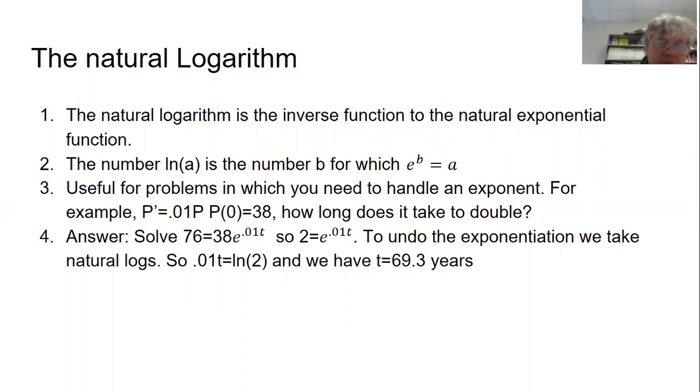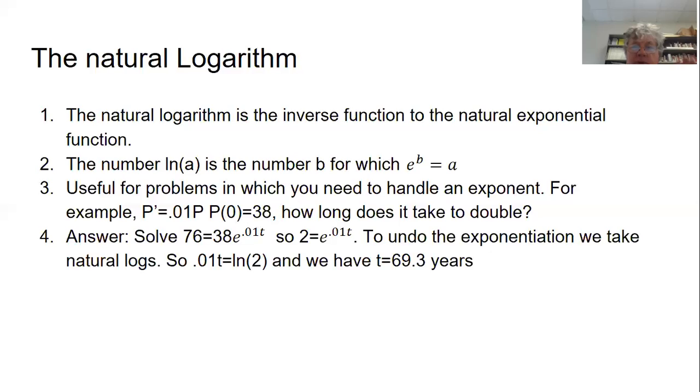For example, you've got this differential equation here, p prime equals 0.01p, p of 0 equals 38. How long does it take to double? Well, doubling is going from 38 to 76. So we want to solve the equation 76 equals 38 times e to the 0.01t. So the way we undo it is we have to get rid of that. We want to isolate t, right?